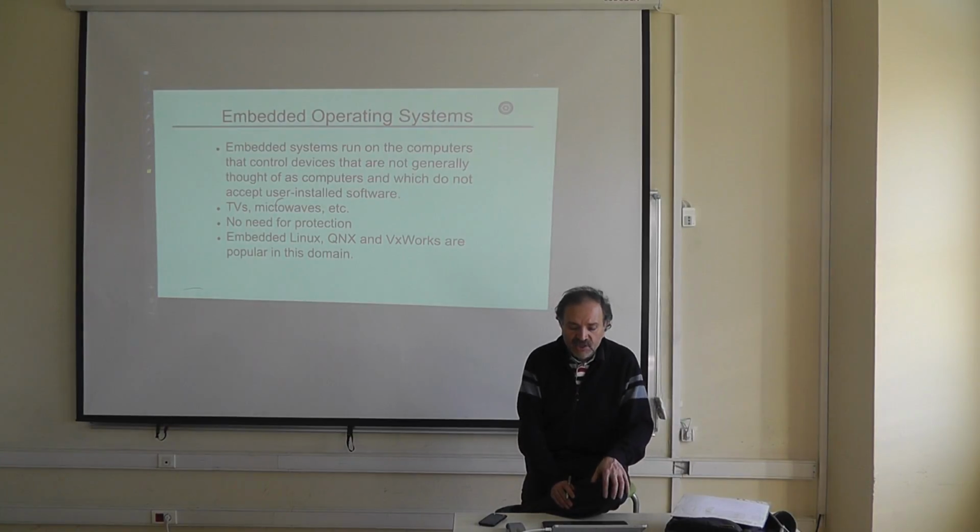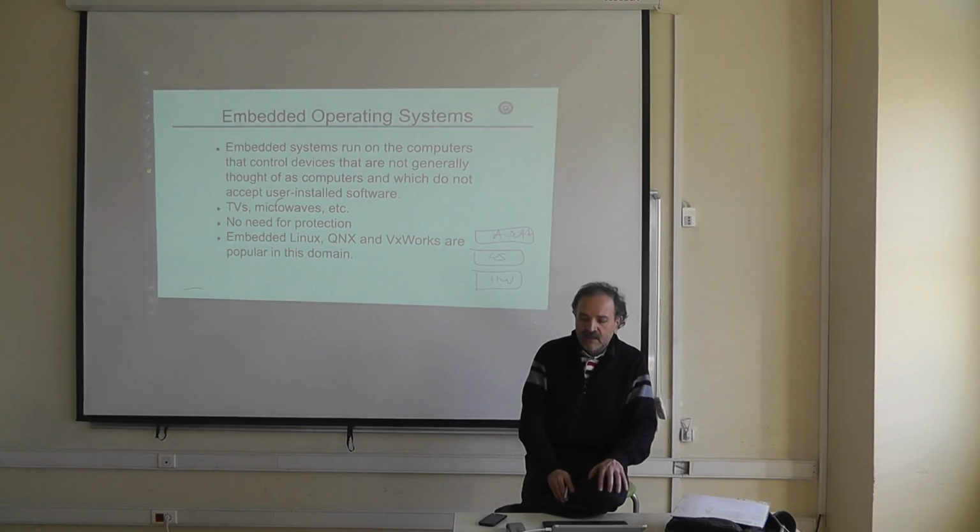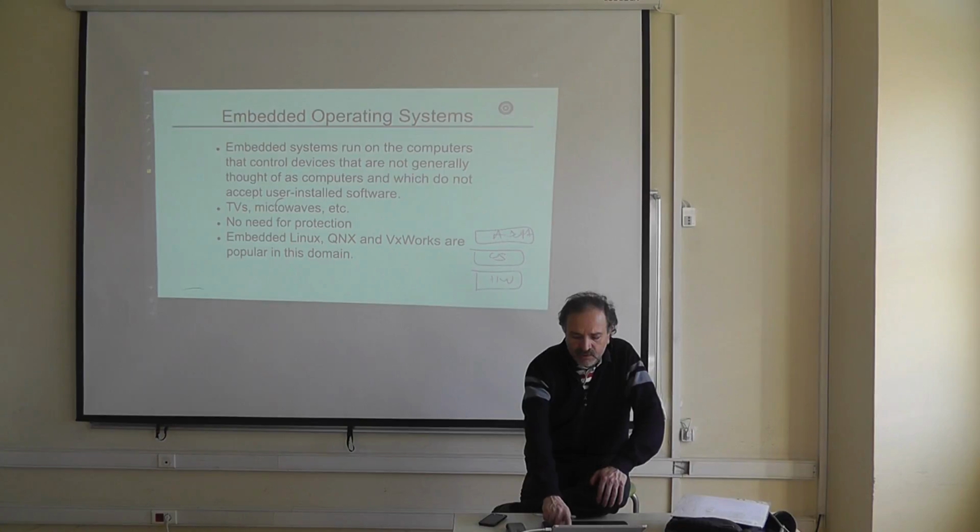Each one has an operating system on it, but you don't run your own software. It comes with its own software. It has hardware on it. Hardware is the embedded system. This is hardware, this is the operating system, and this is the application software on it. This application software is written by the producer of the hardware.